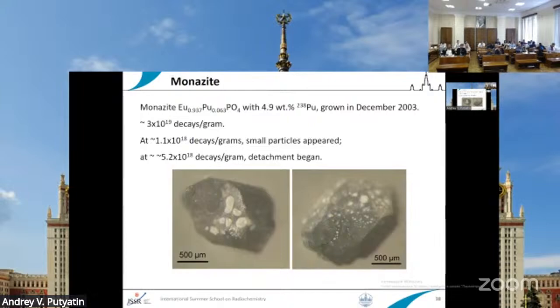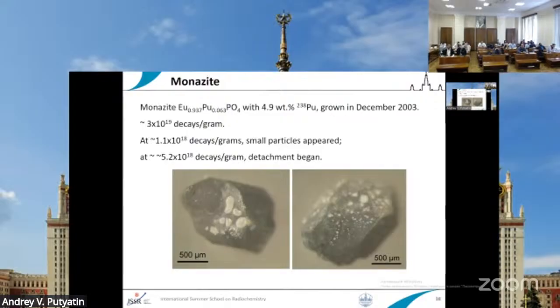So it was this limit already of alpha decays accumulated in the matrix, and it was shown from the X-ray diffraction analysis that the mineral was crystalline, so it was a monocrystal, a very good crystalline form.